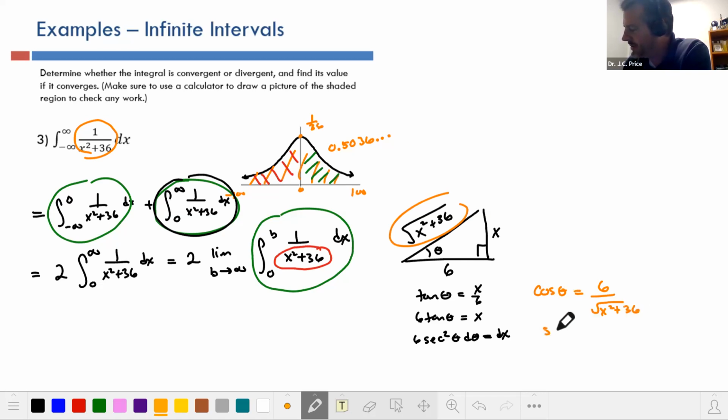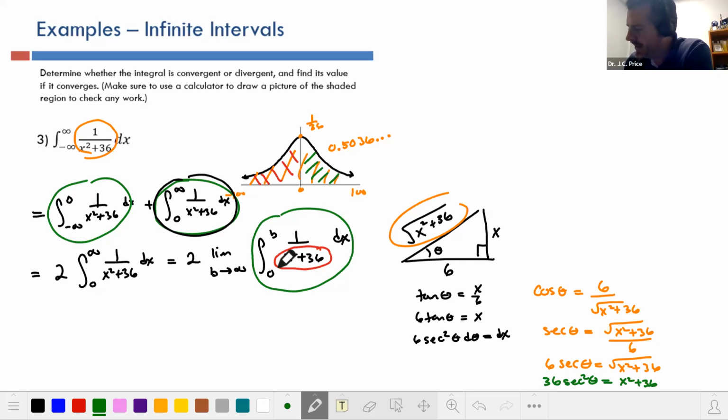I'll flip it, so secant of theta is equal to the square root of x squared plus 36 over 6. Then move that 6 over, so 6 times secant theta is equal to my square root. I don't want the square root of x squared plus 36, I want this thing squared. So I'll square both sides, and I get 36 secant squared theta equal to x squared plus 36. I wanted that because I have it right there.